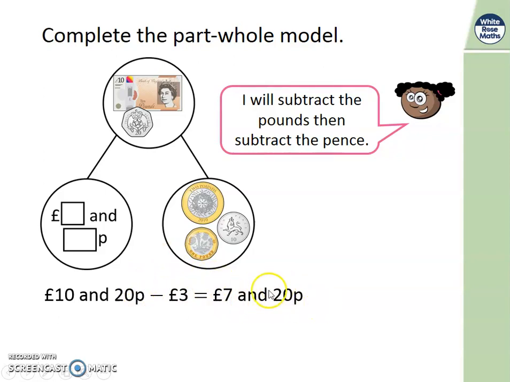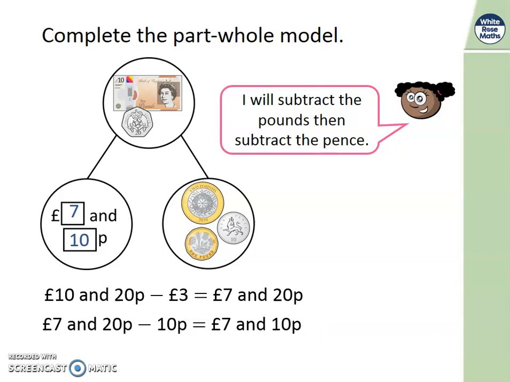We hold that in our head and write it down. Then we subtract the 10 pence and that comes away from the 20 pence. So 20 pence take away 10 pence is 10 pence. We still have that £7. So the final answer is £7 and 10 pence. And there it is, same answer. I wonder which method you now prefer.